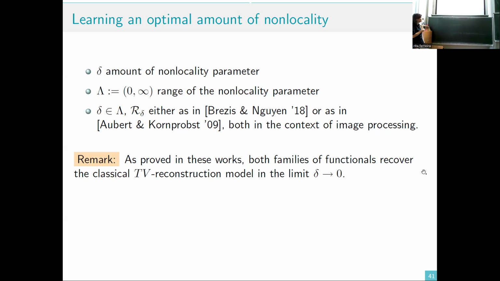And as you're going to see, it turns out that for both families of non-local functionals, as the parameter converges to 0, to this borderline, you get a local version. So you get a multiple of the TV. You recover the TV model in the limit.